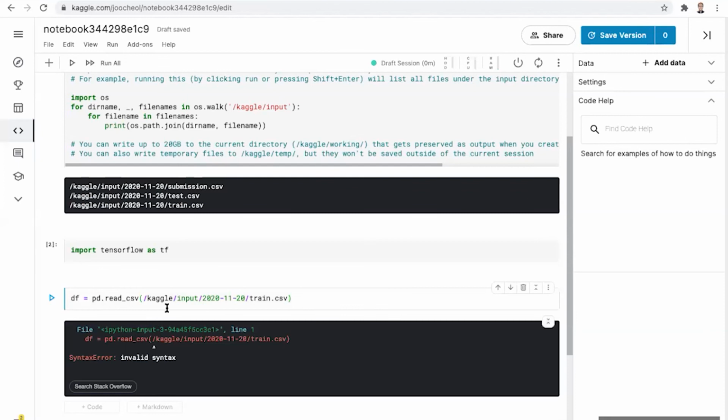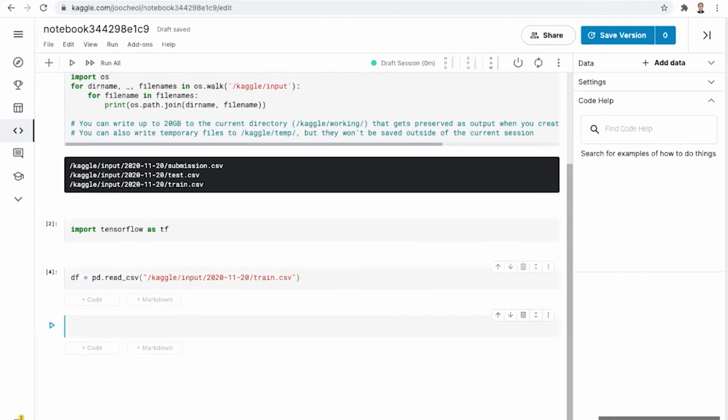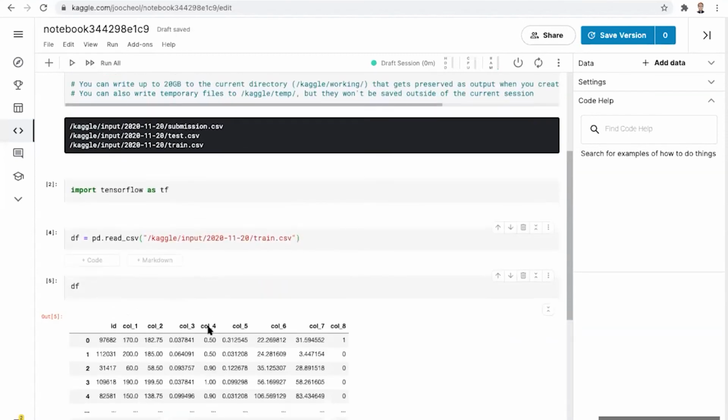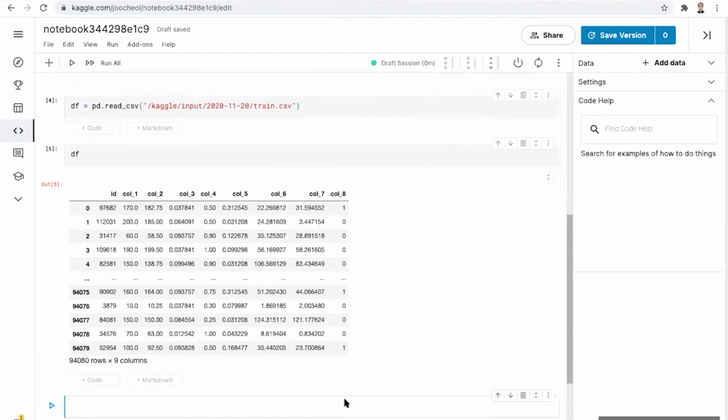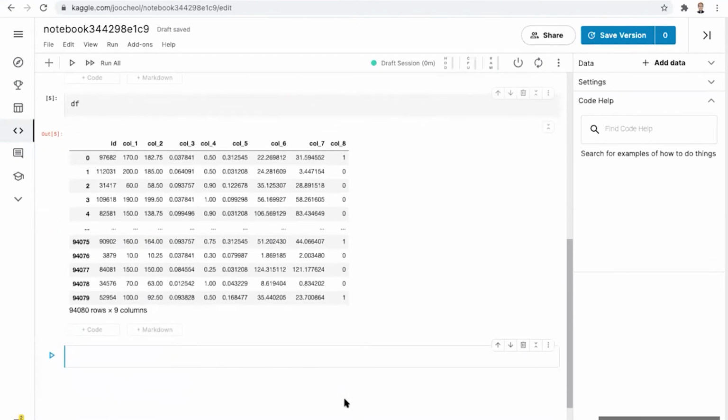Wow. And then see what's inside. And there is a column 8, which is our target. Actually, for this problem, there are 2 targets, but I'm gonna say the column 8 is my target right now.